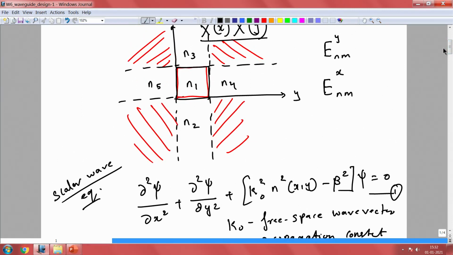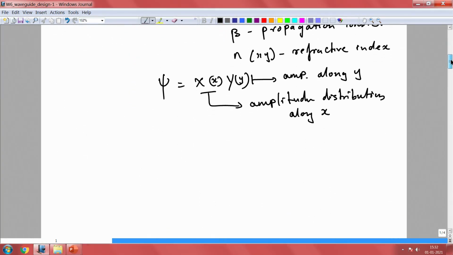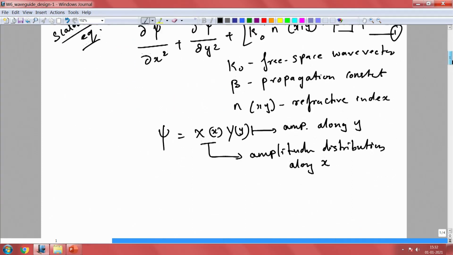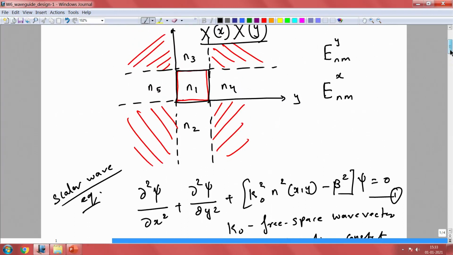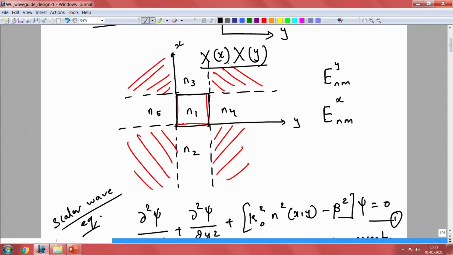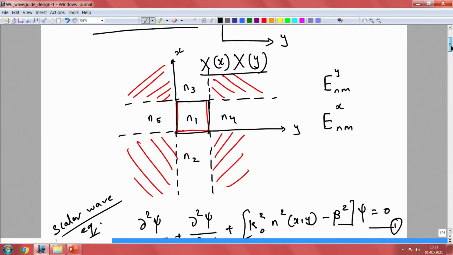So, you will have a sinusoidal solution wherever light is propagating, and outside it should have a decaying solution, right. So, you want that sinusoidal solution in N1, but in the N2 and N3 regions you should have a decaying solution, for the light that is oriented along x direction.